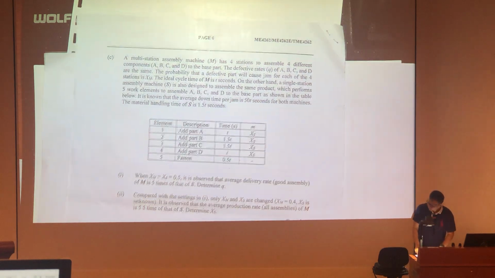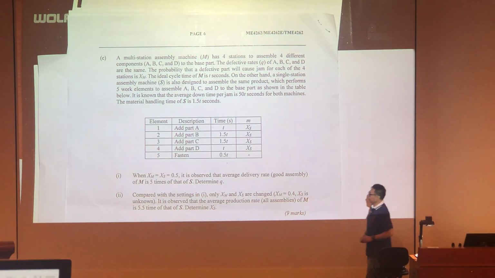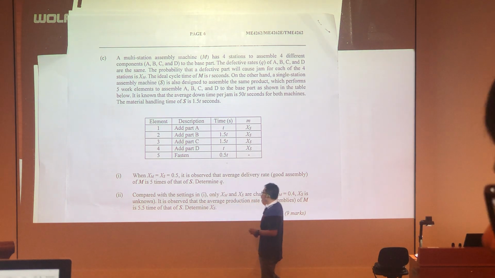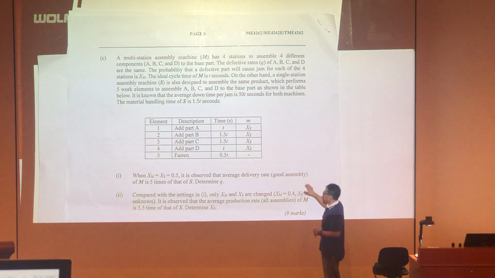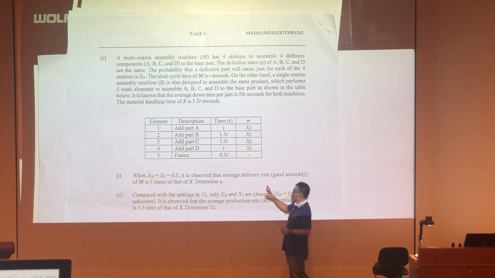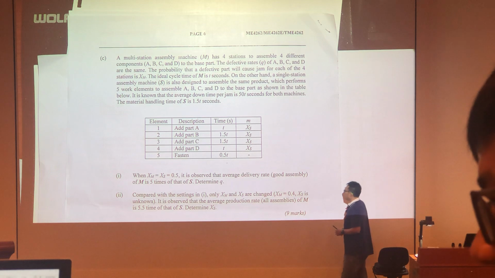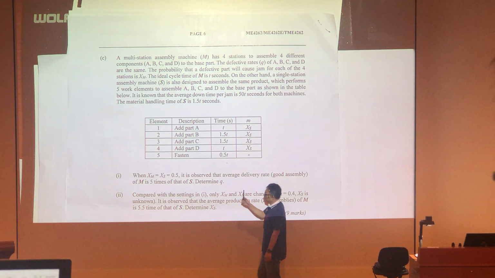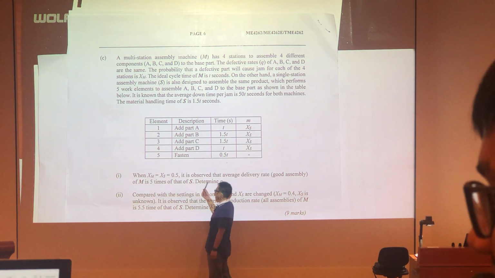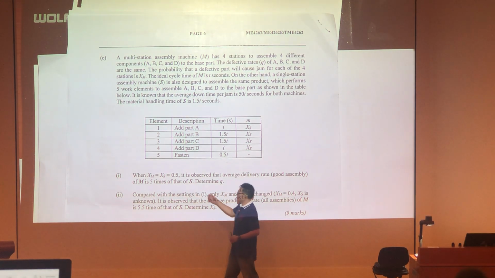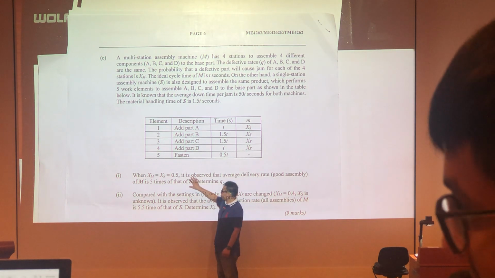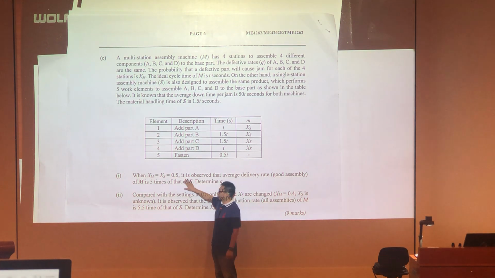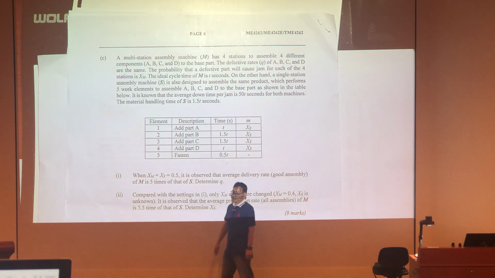So the question is, when XM and XS equal 0.5, it's observed the average delivery rate of good assemblies of M is 5 times S, determine Q. This means the delivery rate of good assemblies for multi-station is 5 times that of single station, meaning that the production time per good assembly for single station is 5 times that of multi-station.